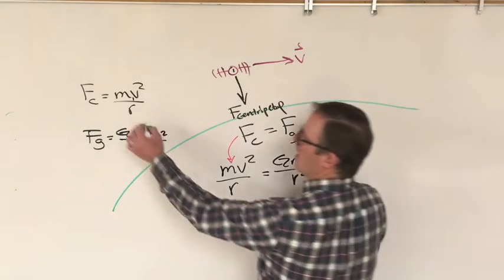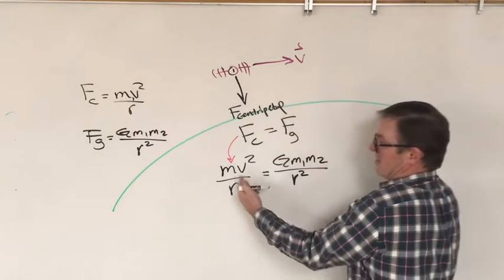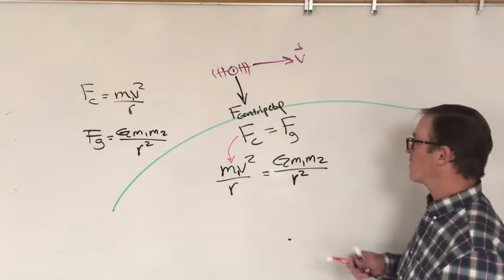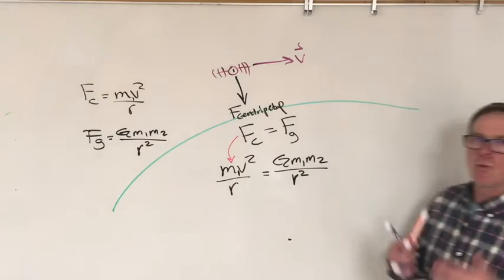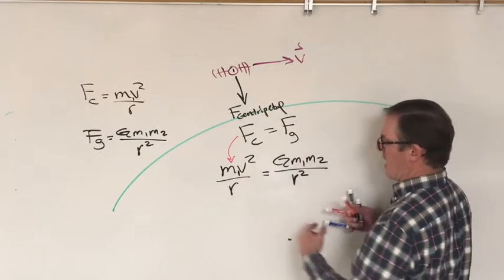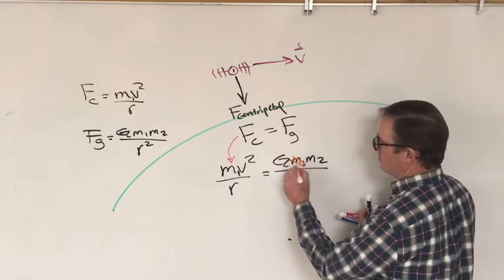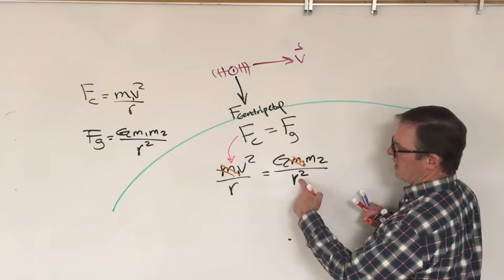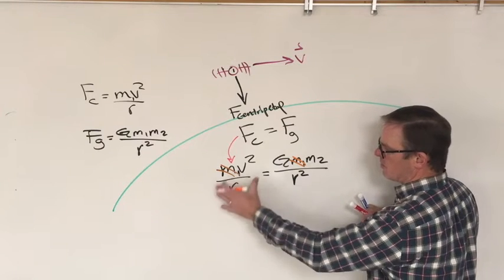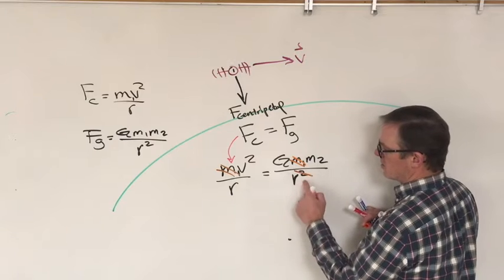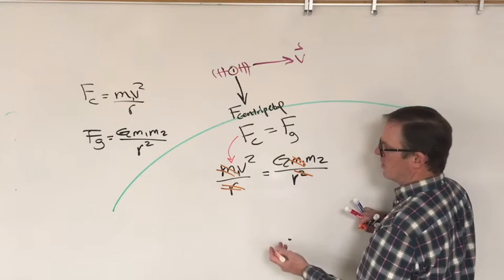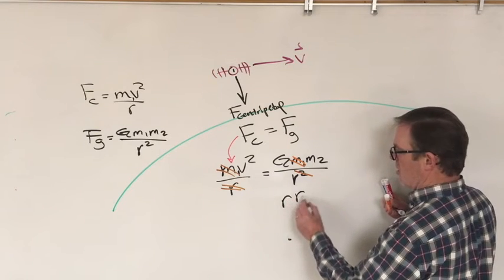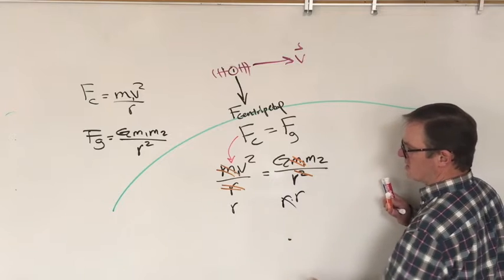Recall that the object experiencing the centripetal force is the satellite. So m1 is the m in mv squared over r, and m1 is here as well. Recognizing that these are the same mass, m1, they can be eliminated by division, cancel, if you will, as can one r: r squared is really just r times r, and this is r, and since they're both on the denominator, one of these cancels one of those.